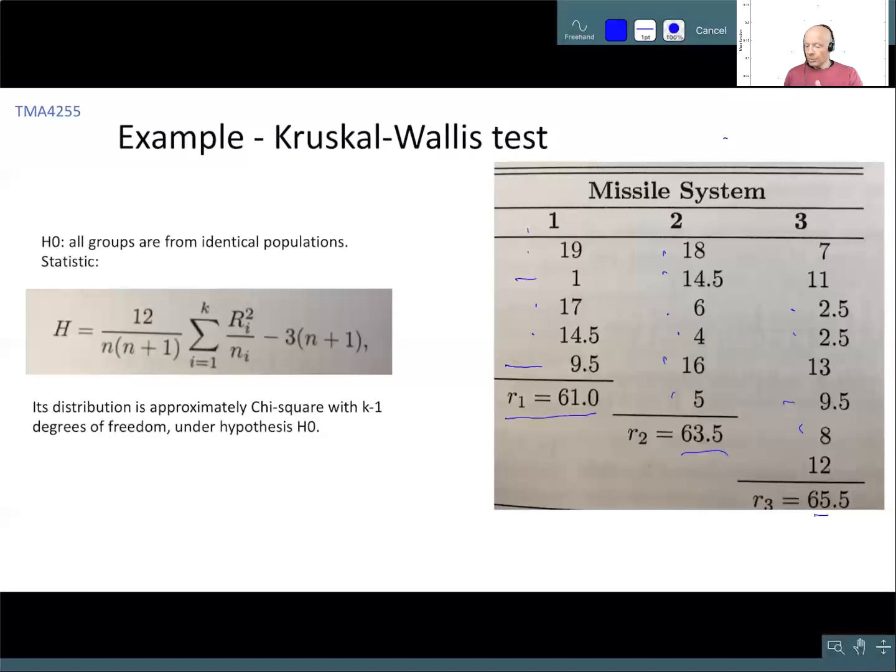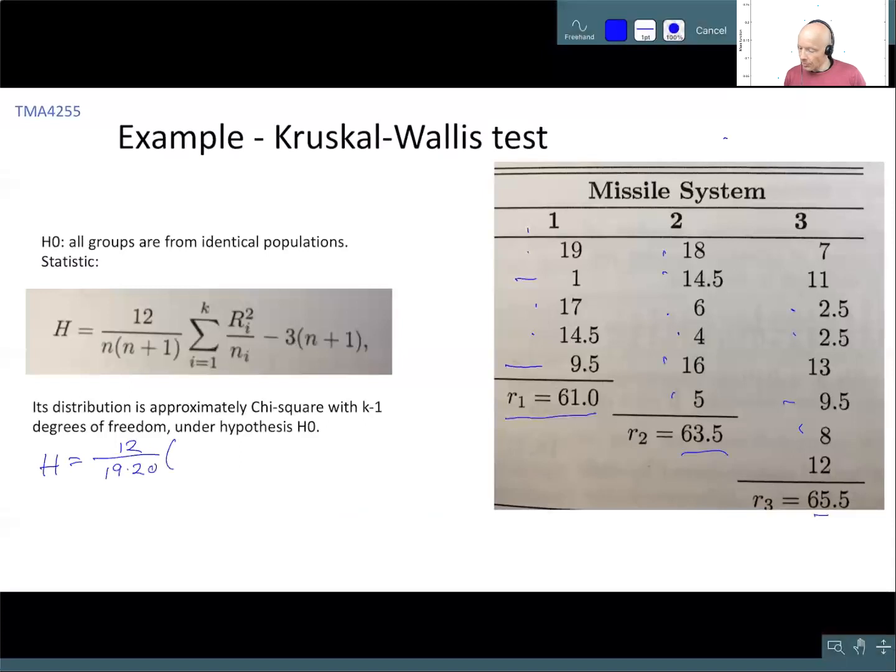And if we go through this calculation, putting in these ranks and n, which is the sum over all these ni, 5, 6, and 8, we here get an observation of h equal to 12 divided by 19 times 20.